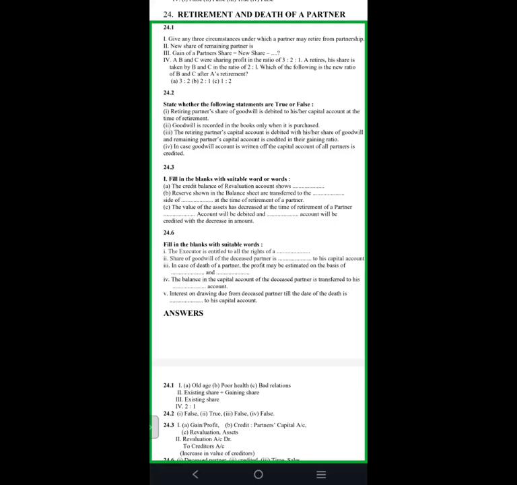The retiring partner's capital account is debited with his or her share of goodwill, and remaining partners' capital accounts are credited in their gaining ratio. False. In case goodwill account is written off, the capital account of all partners is credited. False.